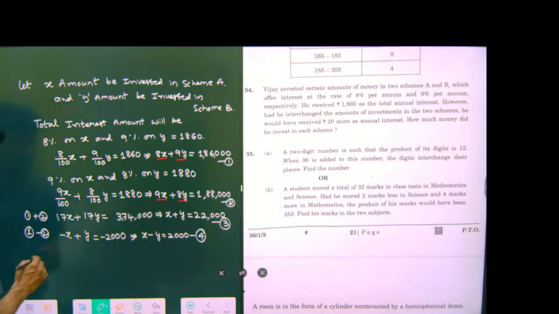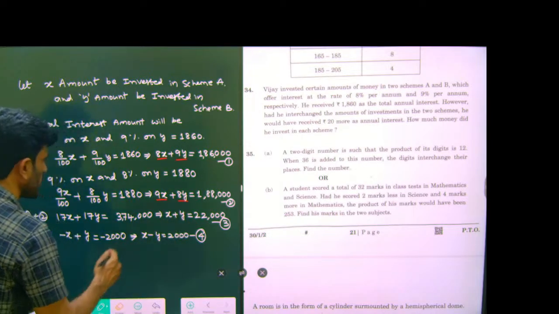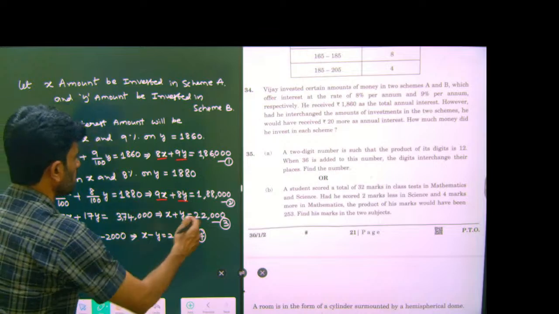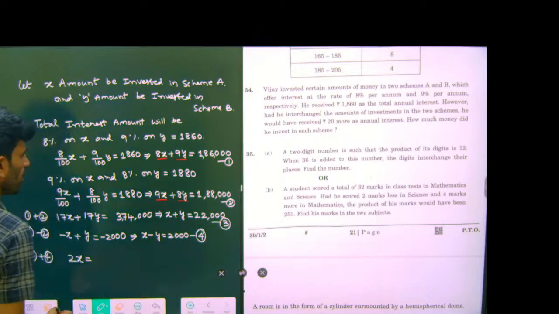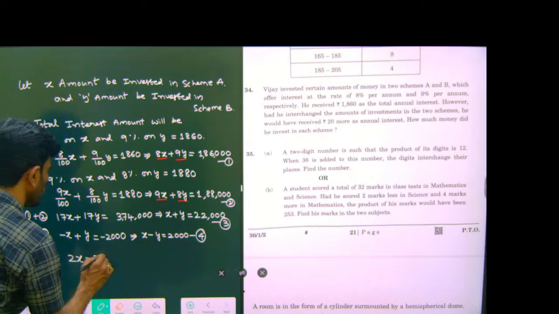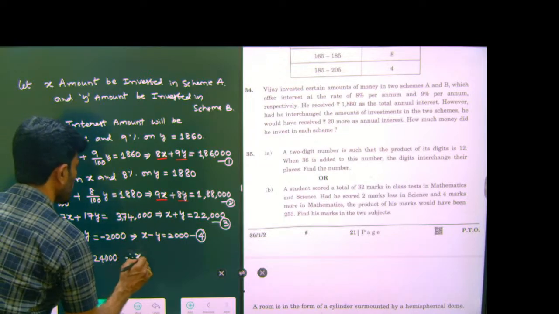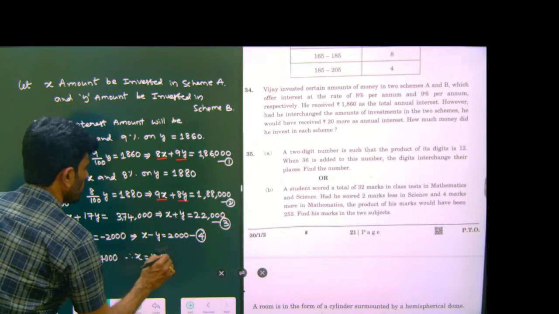Now again, 3 plus 4. Plus y and minus y cancel, and we get x plus x, 2x, is equal to 22,000 plus 2,000, which is 24,000. If 2x is equal to 24,000, then x is equal to 24 by 2, 12,000.